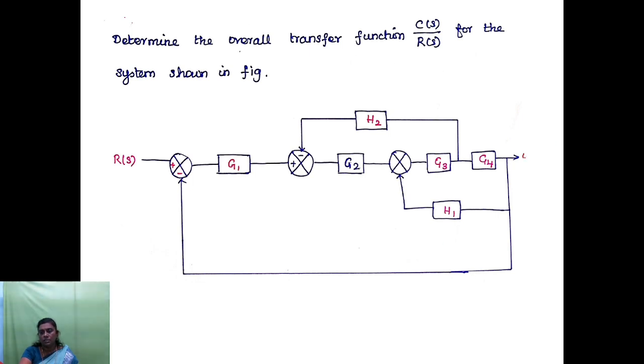This given system is represented as a block diagram. Here C of S is the output and R of S is the input. In between we have interconnected blocks with different gains. In order to find the transfer function, we should find C of S divided by R of S. We will see step by step.